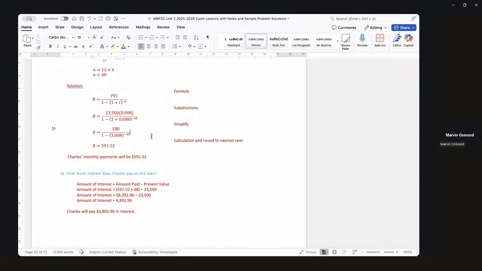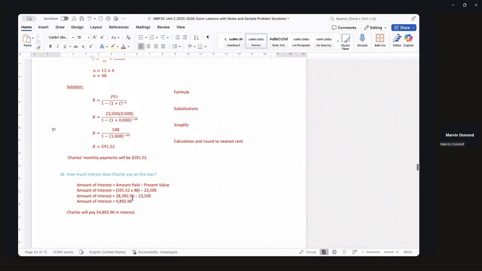The next part is how much interest does Charlie pay on the loan? Well, the interest will be how much money he pays back in total minus how much money he borrowed. The amount paid is going to be $591.52 times 48. He's making 48 payments of $591.52, which works out to be $28,392.96.